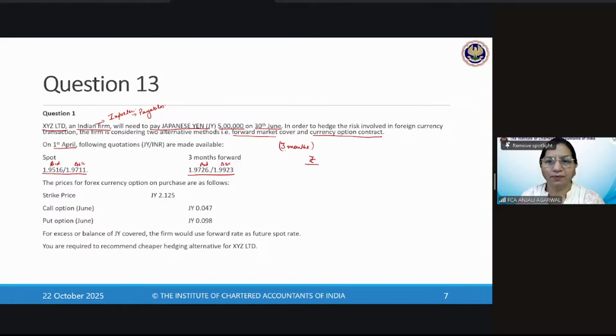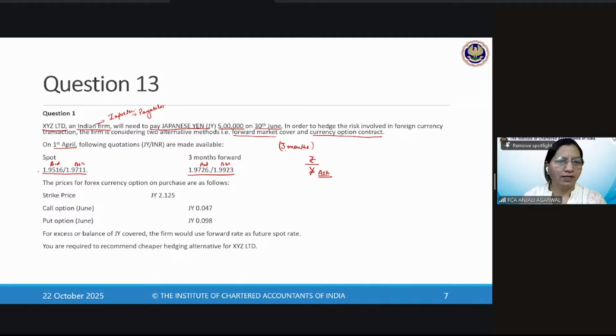So firstly, what rate do you need? You need rupee per yen. And because you have Japanese yen payables, you want the ask rate. You're going to buy the Japanese yen, so the applicable rate would be ask. Now, what is the rate given? Japanese yen and INR, it is 1.9516 oblique 1.9711.